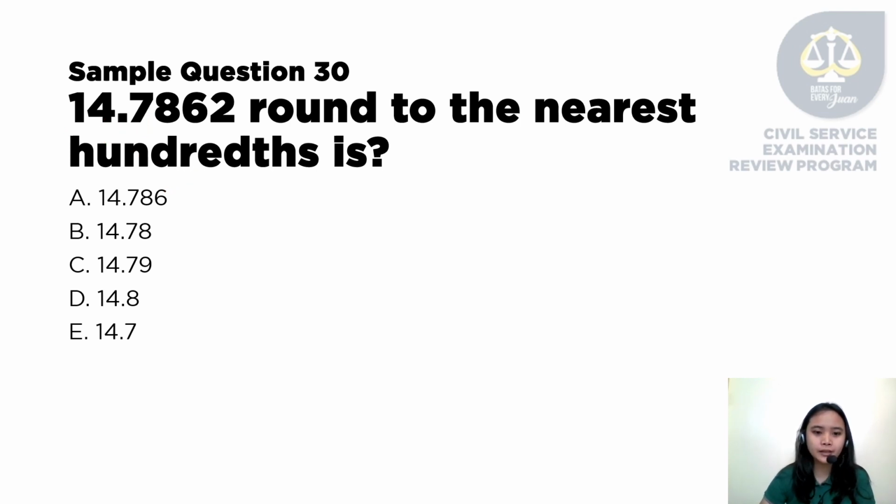Kapag sa decimal places, etong first decimal natin, etong 7, ito yung tinatawag nating tens. And then yung 8, yan yung tinatawag nating hundreds. Yung sa whole number naman, yung 4 natin, ayan yung ones. 1 natin ay yung tens. Ayan. So, i-round off daw natin to the nearest hundreds dito sa 8.